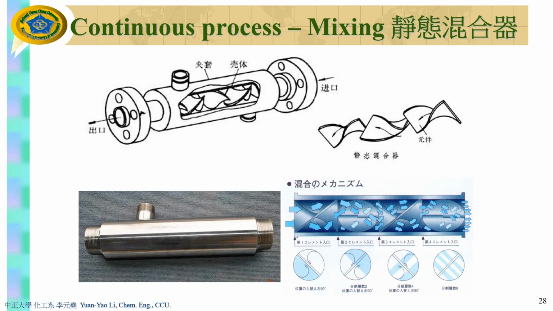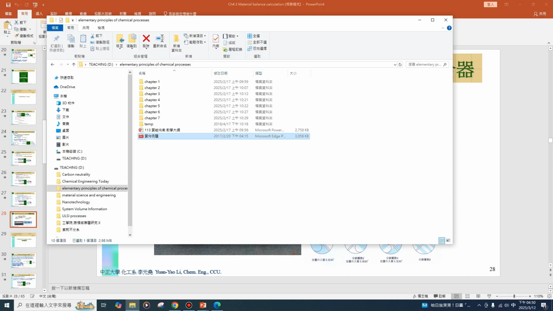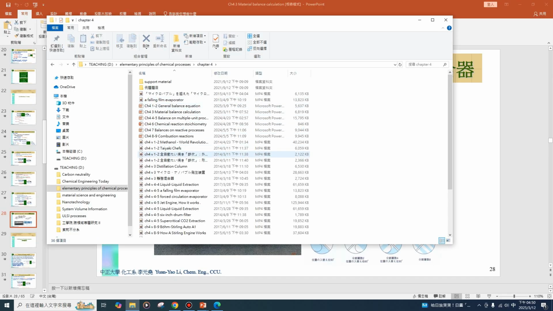Let me show you. In the industry, you can do this. This is much faster, right? This is the continuous mixer. You see that? You have red ink, and in order to mix this ink with water homogeneously, if you don't have this mixer, it takes a long time.